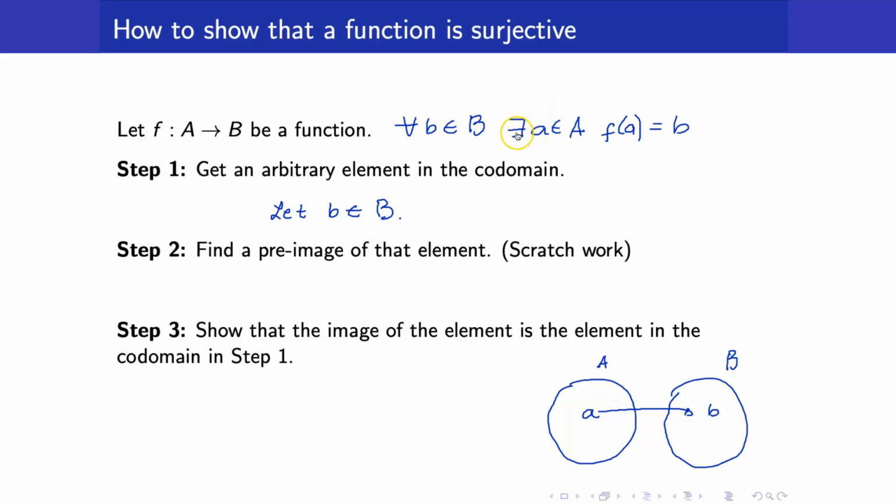So we need to find an a. Take note, this is scratch work. This is not part of the proof. We have to find that element a first. And then for step 3, you have to show that the a that you found really satisfies this property, that it is the image of the element that you started out with.